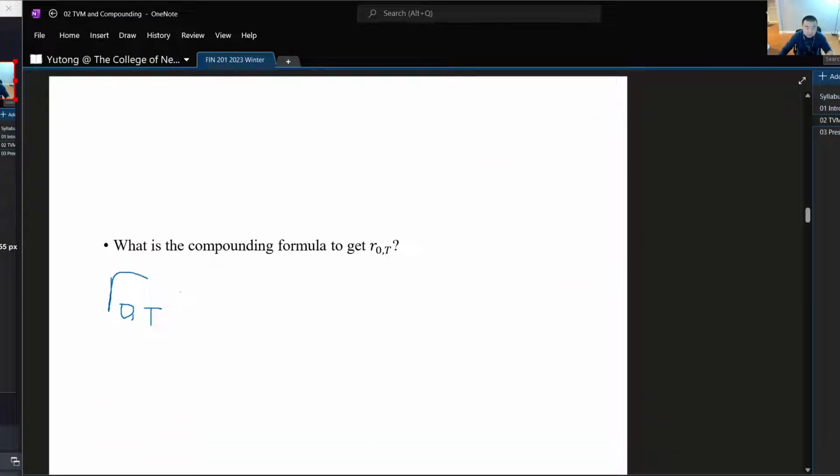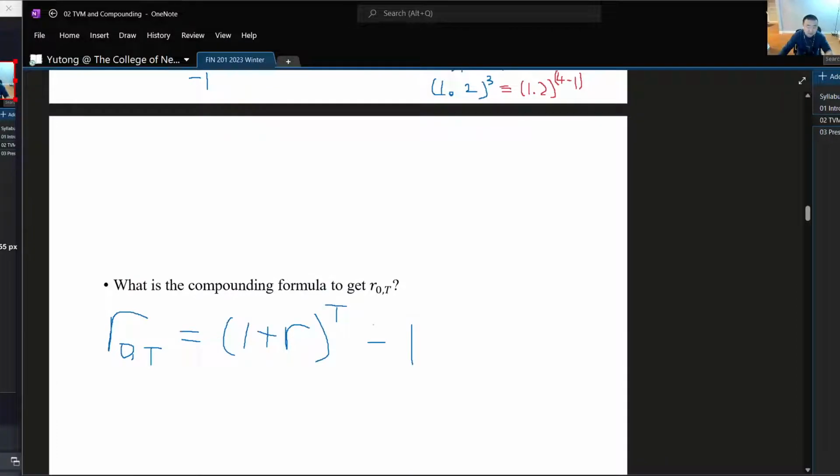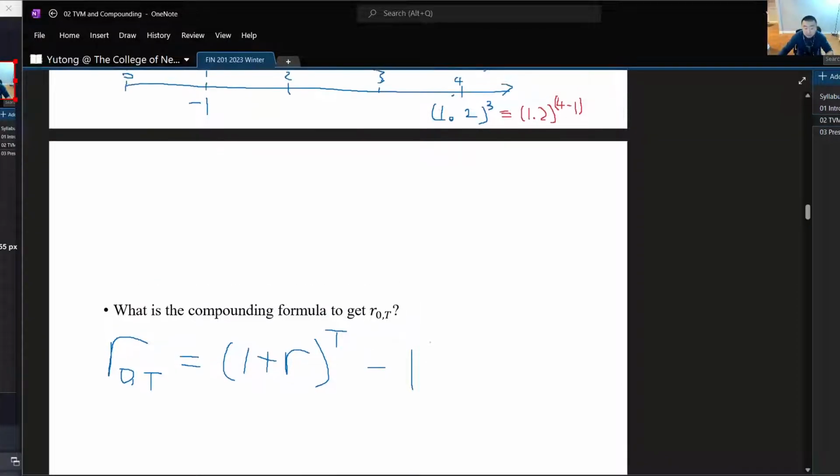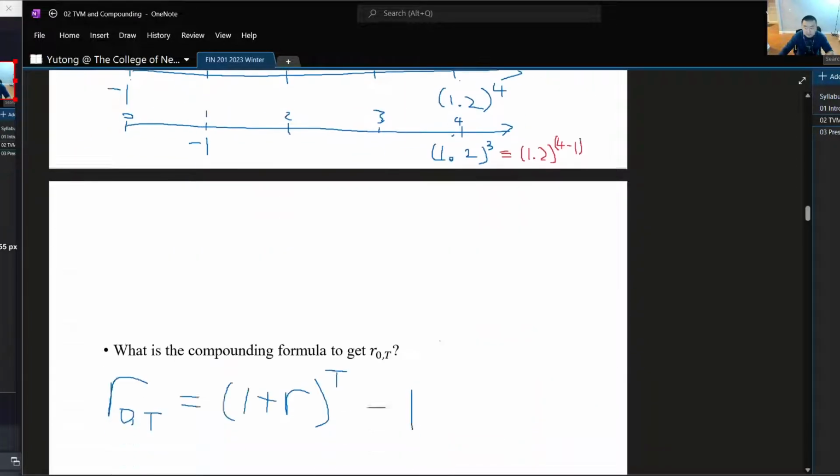So the R0t should be 1 plus the R, which is 20%, raised to the power of t, and minus 1, right? So this process is called compounding. This process is called compounding. So you should be able to read the posted PDF file to get a better understanding. Okay.